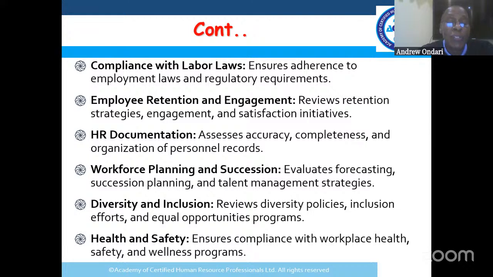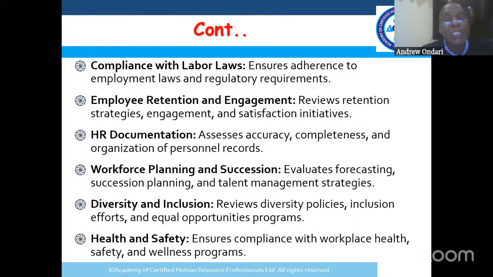And the office of the ODPC can come to us and can prosecute our organizations. ODPC is the Office of the Data Protection Commission, which is a regulator on how, where, and in which way data can be stored and shared. So it can also be an audit query where data is accessed by anybody who is not authorized to access that.